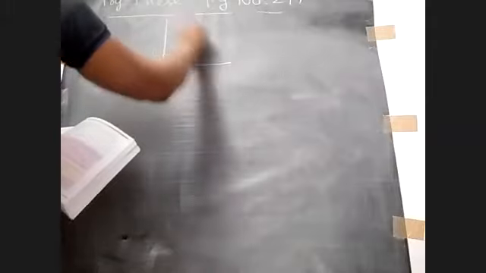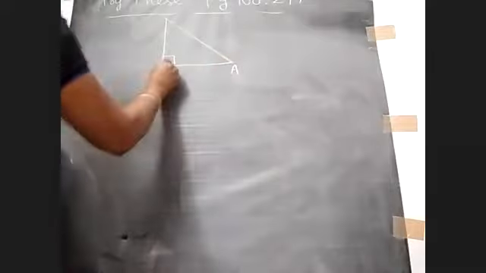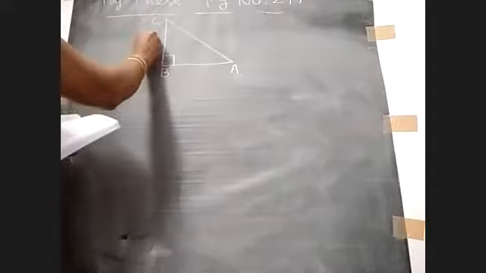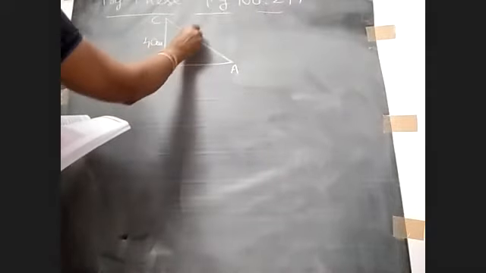So first draw that triangle. What is that triangle? That is a right angle triangle and its name is ABC, right angled at B, and BC is equal to 4 centimeters and AC is equal to 5 centimeters.